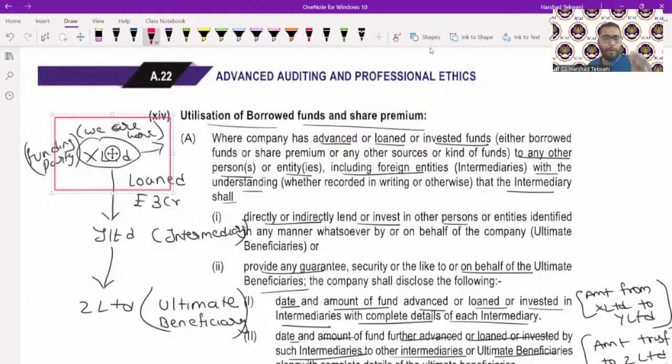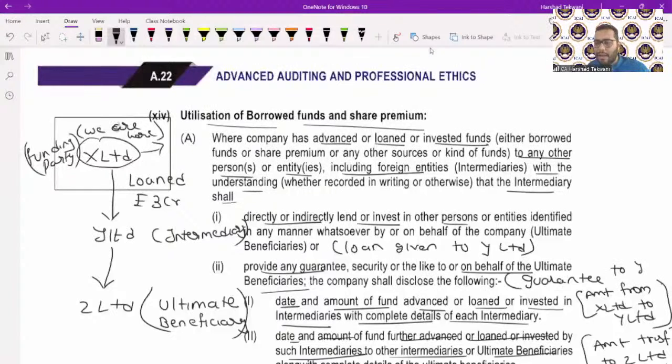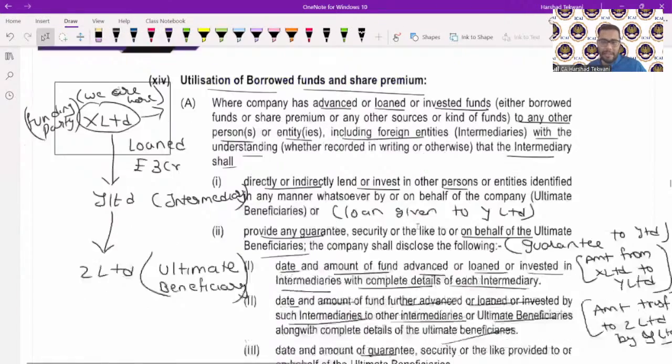If X Limited is providing any loan to Y Limited, or if we are providing any security or guarantee to Y Limited on behalf of the ultimate beneficiary, Z Limited, then we need to disclose all these details.